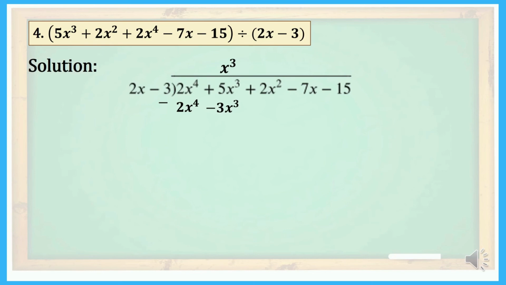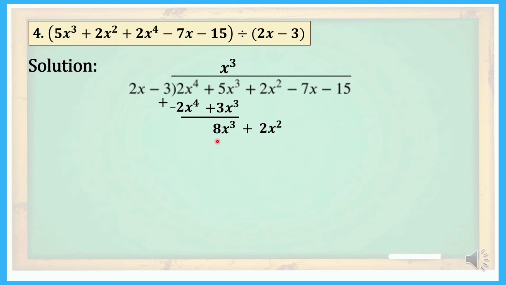Then subtract, so change the sign of the subtrahend: positive 2x to the fourth power will become negative, and negative 3x cubed will become positive. Then do the addition process. 2x to the fourth power plus negative 2x to the fourth power is 0, and 5x cubed plus 3x cubed is 8x cubed. Bring down positive 2x squared.